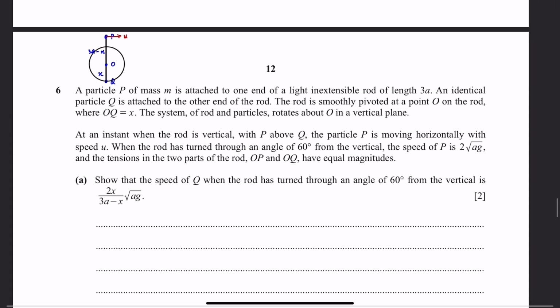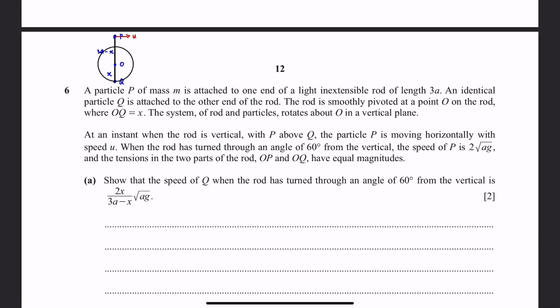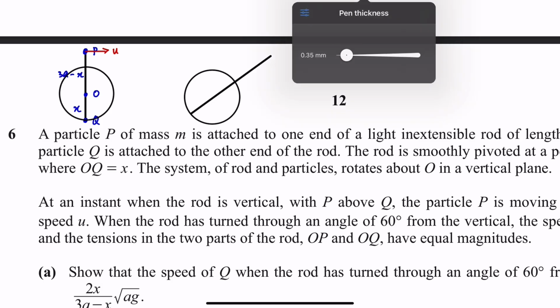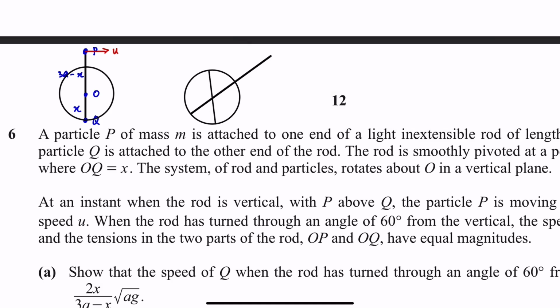When the rod has turned through an angle of 60 degrees from the vertical, the speed of P is 2 root ag, and the tensions in the two parts of the rod, OQ and OP, have equal magnitudes. So we have another circle, and the rod is now 60 degrees from the vertical. So let's say this is the vertical.